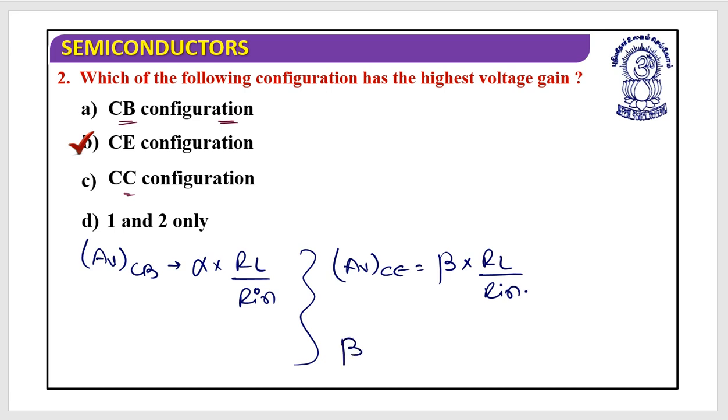Now we understand that beta is much greater than alpha, because alpha is less than 1, and beta can vary from 20 to 200. So the CE configuration has the highest voltage gain. I hope this is clear.